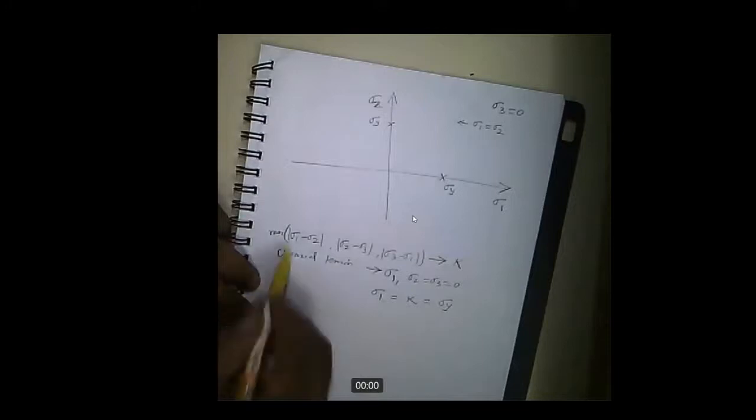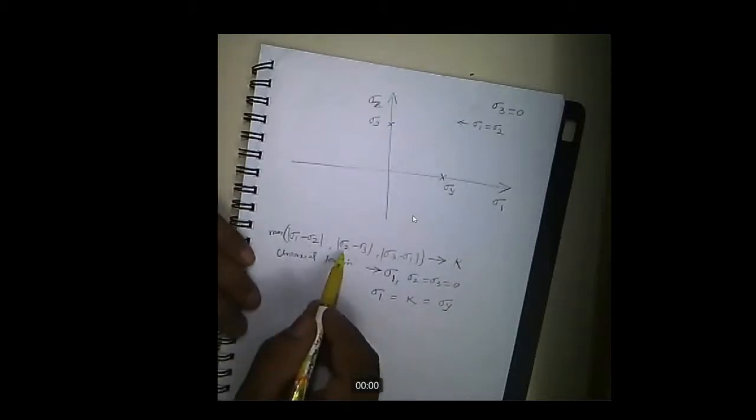If I look at the maximum of these three, sigma 1 minus sigma 2 goes to 0, and therefore it has to be sigma 2 or sigma 1 equal to K. So what I get is this as the locus of the yield function.